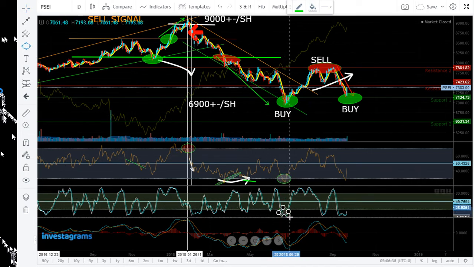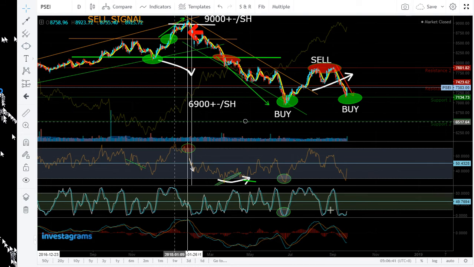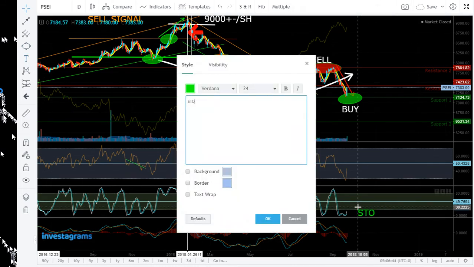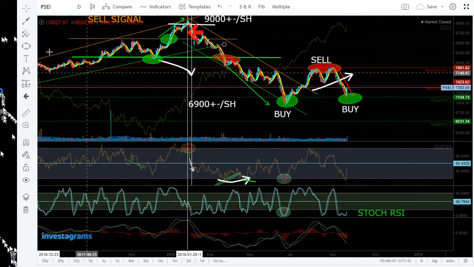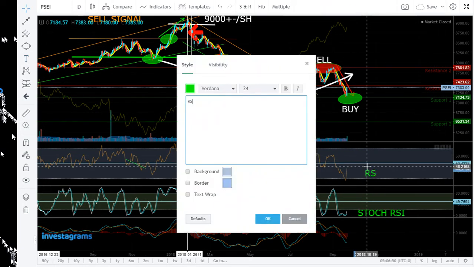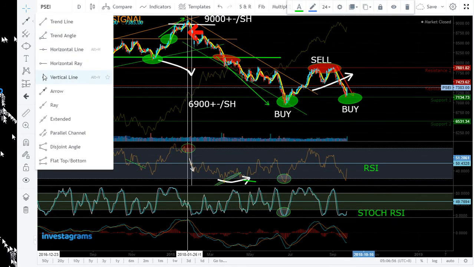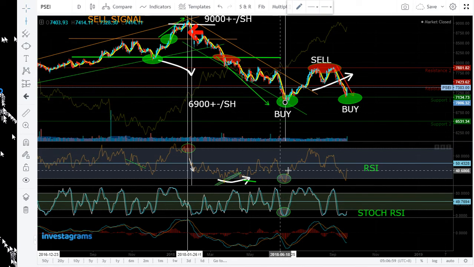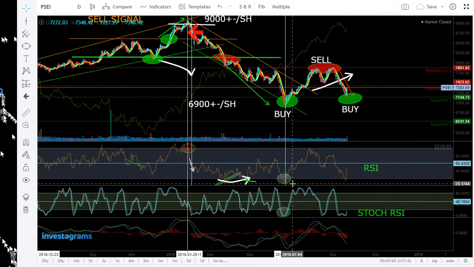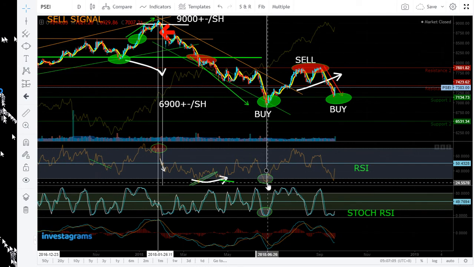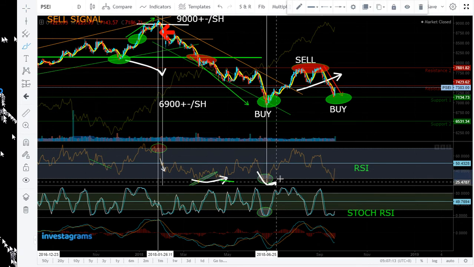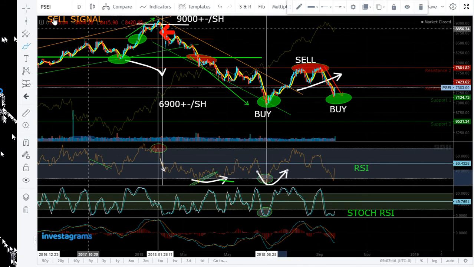The RSI and this stochastic RSI and RSI on this particular time frame, the indicator line went down to oversold level and went up again, going in uptrend direction.